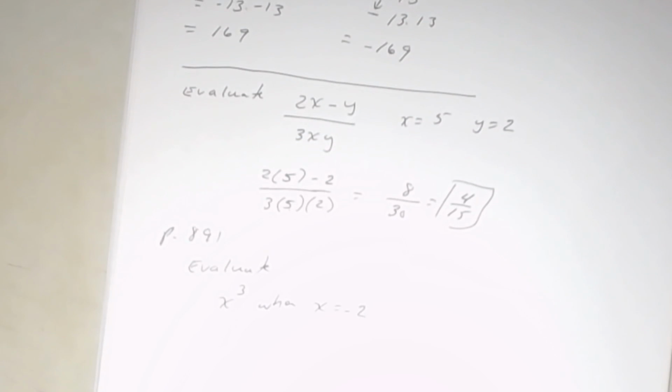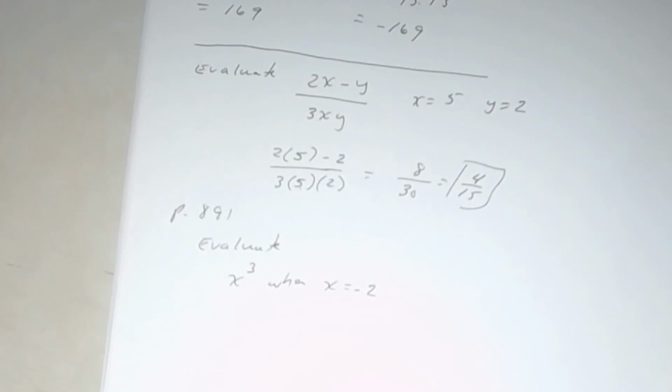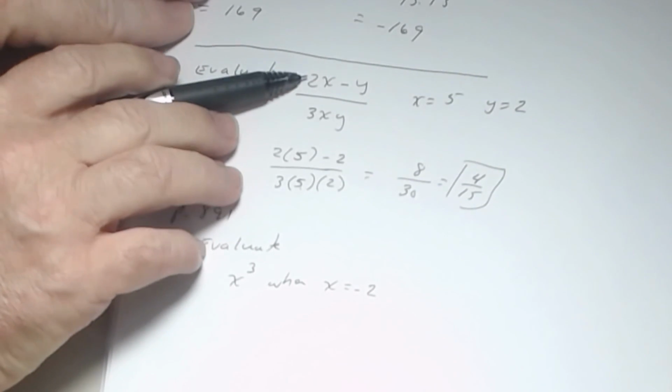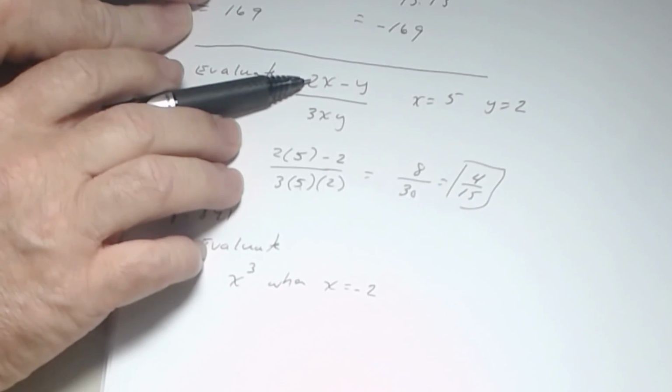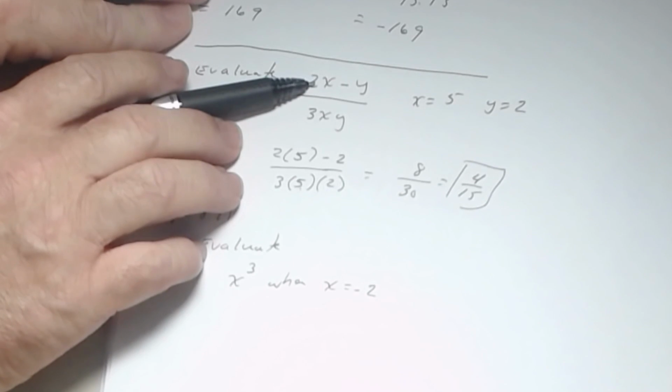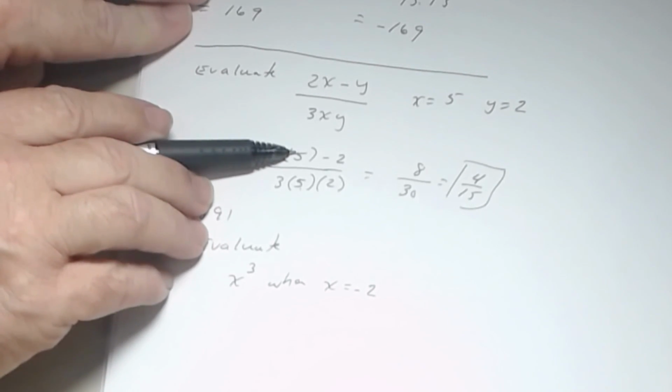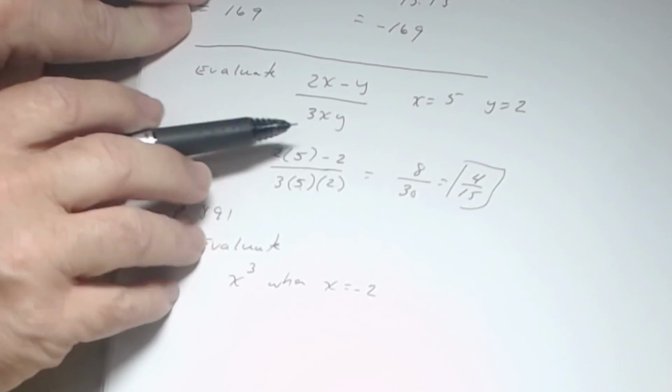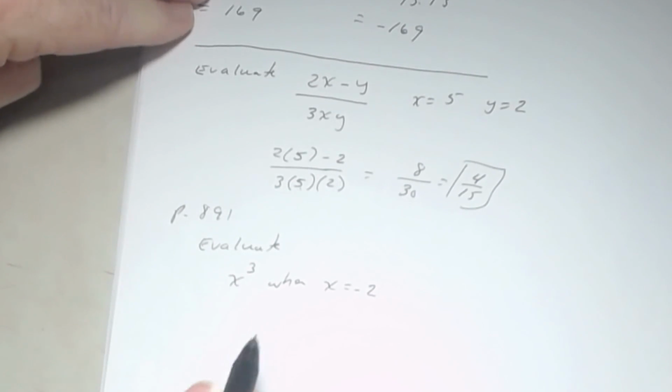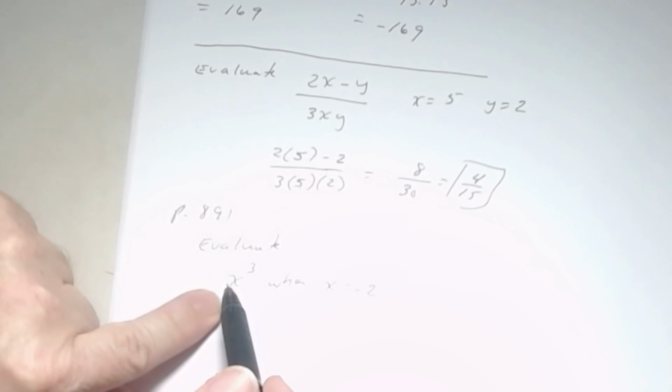All right, so just as before, where we see the variable x, what are you going to substitute? Negative 2. Now, what I would do in this case, just like I did here, whenever I substituted for x and y, I put those in parentheses. So I did the substitutions and I put those things in parentheses. Do the same thing here. So what is x?